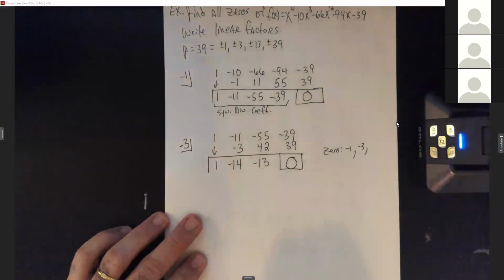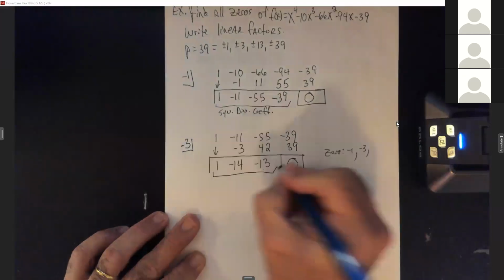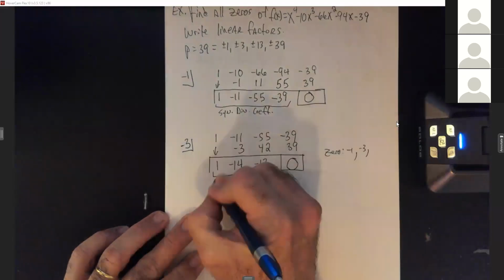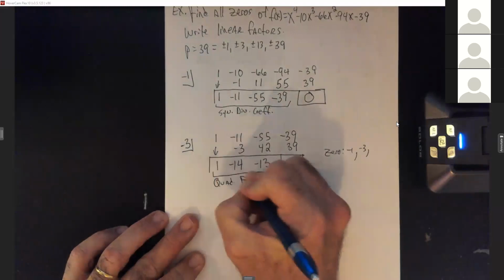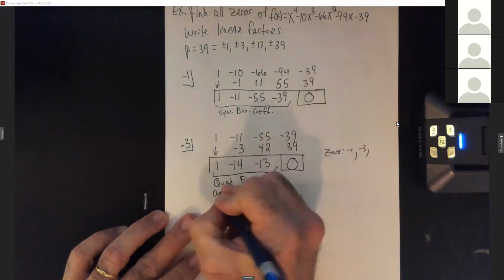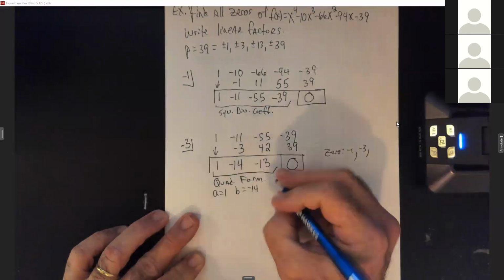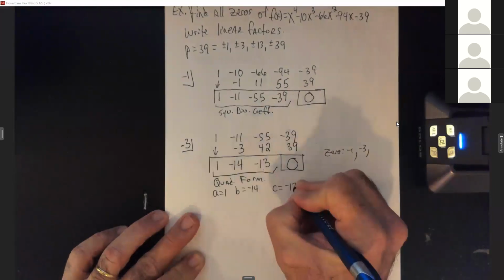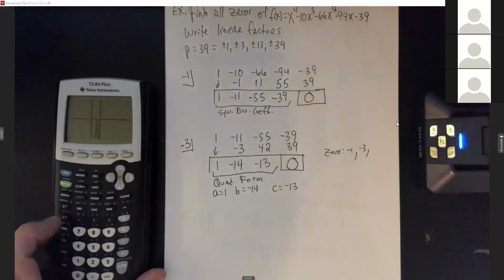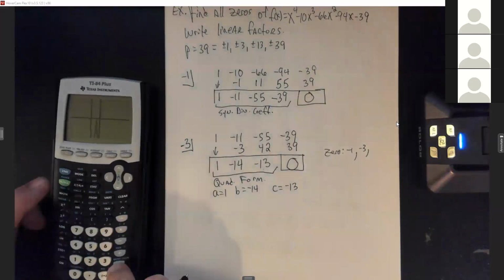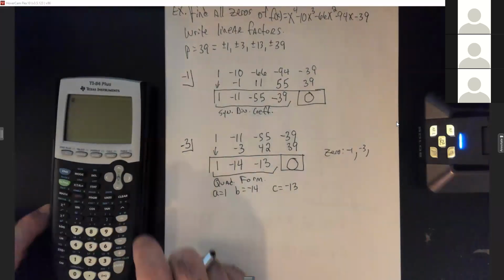Now to get the last 2 zeros, since I got 3 numbers here, we're going to use the quadratic formula. A will be 1, B will be -14, and C will be -13. All right, let me go to program, quad.